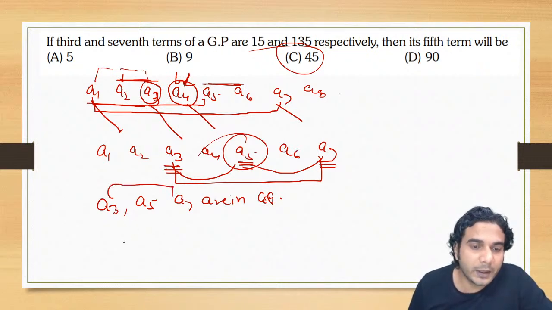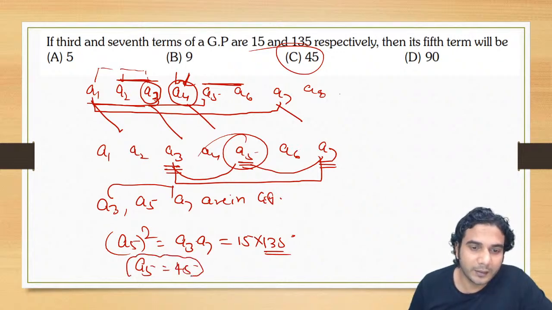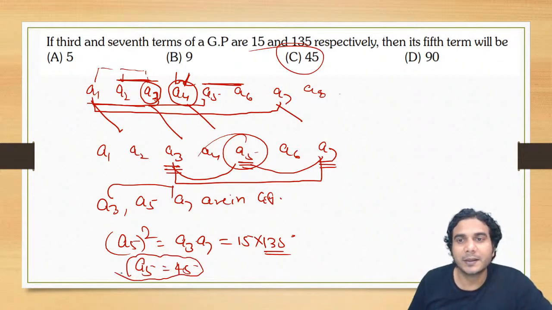So A5 is the geometric mean, that means A5 square is equal to A3 into A7, and this is 15 into 135. This is 15 into 9, right? So A5 is equal to what? 45. This is the 5th term.